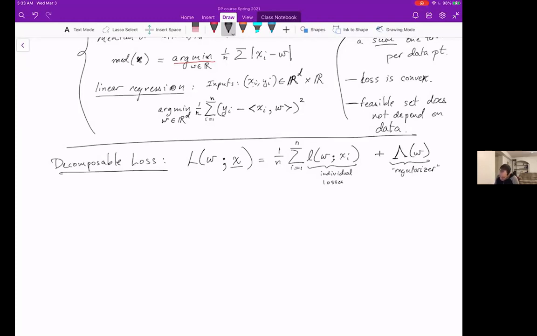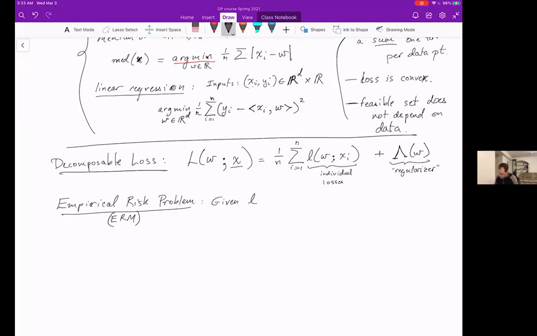All right, and the problem that we're going to be looking at is typically called the empirical risk problem. Given this little loss function L, well, ERM, empirical risk minimization, makes sense even for non-decomposable losses, but for simplicity, we're going to stick to decomposable losses today.